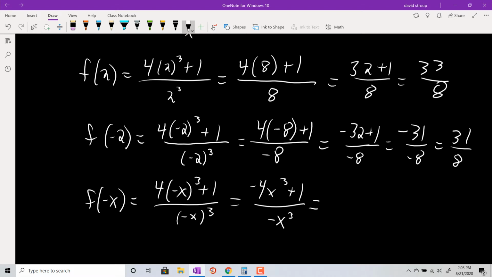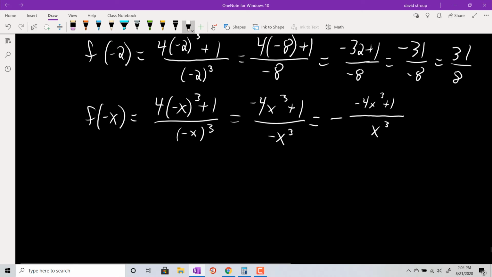So downstairs I have a negative, I can pull that in front. Okay, but I have to be a little bit careful, because I don't want to leave it like that either. So those two negatives floating about, that can lead to confusion. So what I'm going to do is move that negative upstairs. And the negative there will apply to the entire numerator. That's kind of what I'm getting at.